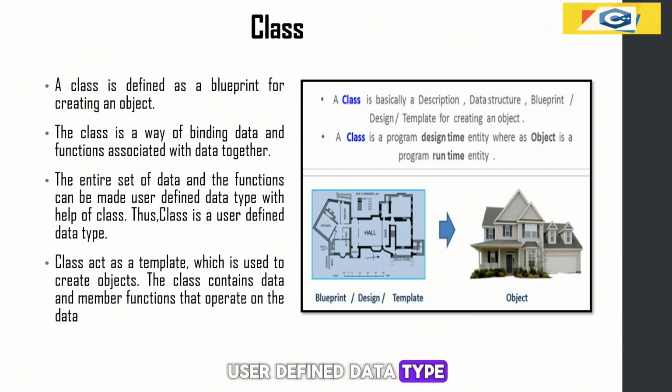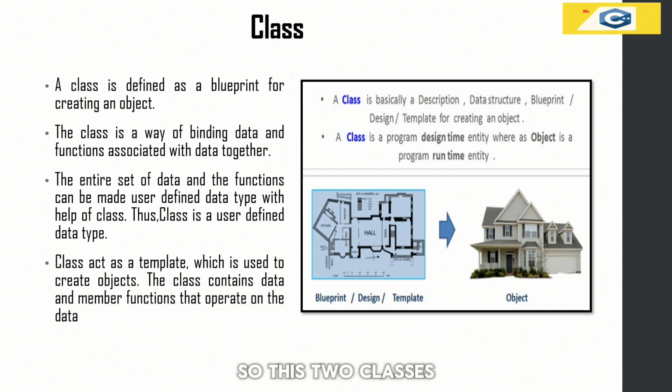User defined data type means the name of the class is not predefined. It is according to the requirement which name of class we need to implement. For example, I need to write a program for class student, or a program for class bank.